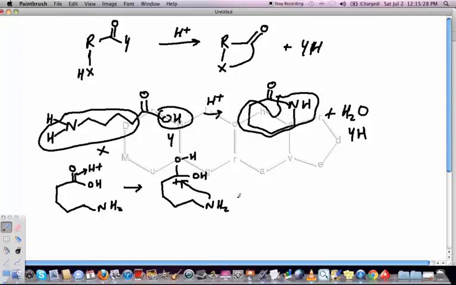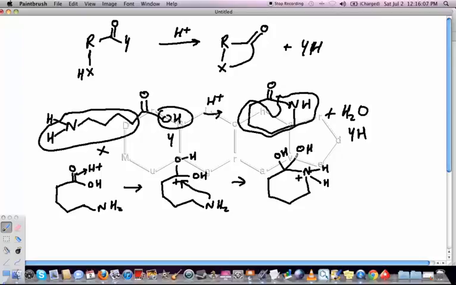The N attacks the C plus. And that's the cyclization step. And leaves a positive charge on the nitrogen.